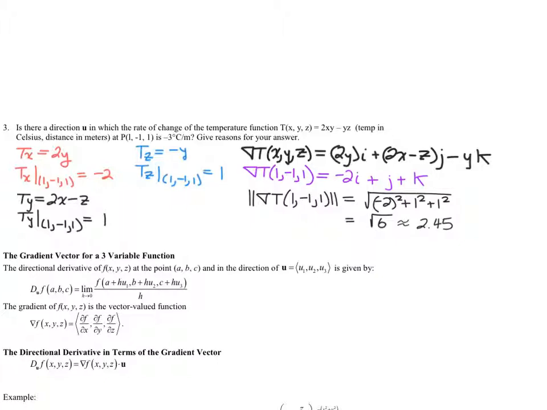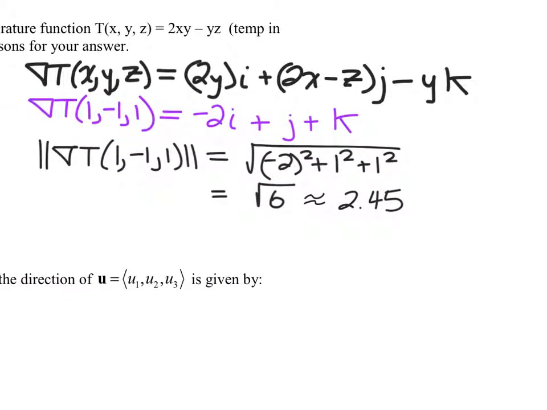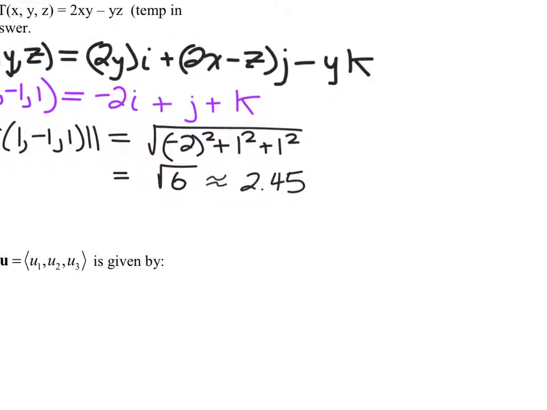And what we got here was the gradient value at 1, -1, 1. What this gives is the maximum rate of change at 1, -1, 1. So if I were to take off in any direction from 1, -1, 1, the greatest rate of change that I could accomplish would be 2.45 degrees Celsius per meter.